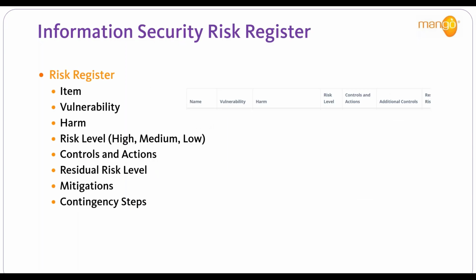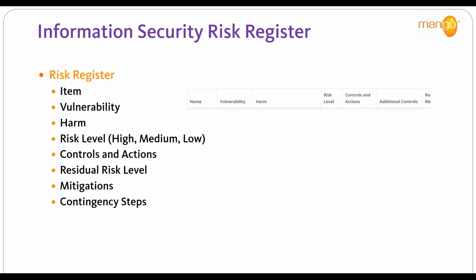And this is our information security risk register. These are the column headings that we have, and we use the risk module in Mango to do this. For the item, we talk about the vulnerability. What are we vulnerable to? What sort of harm can that cause us? And then what's the risk to us if that information escapes?